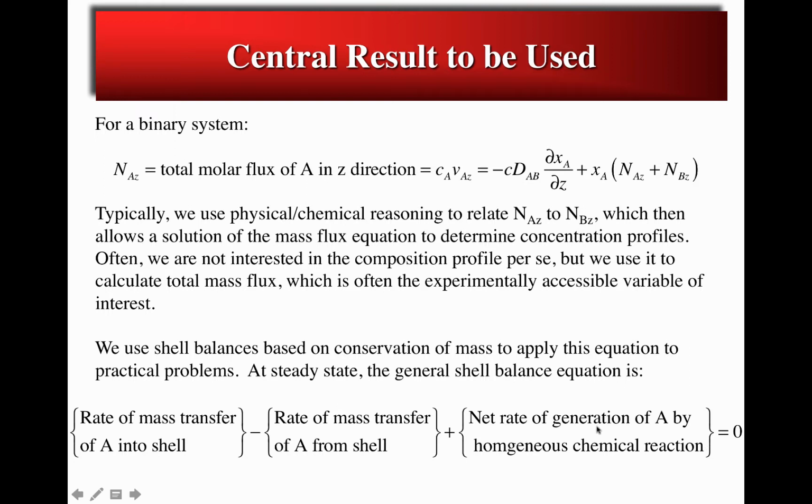That is, any molecules of A that come into our shell balance area have to either leave that or they have to be consumed or generated by homogeneous chemical reaction at steady state. Otherwise, if material, for example, of A is accumulating in the shell over time, then the problem is by definition not at steady state.